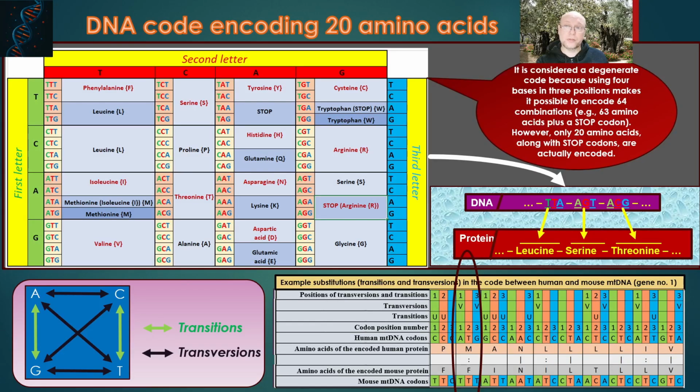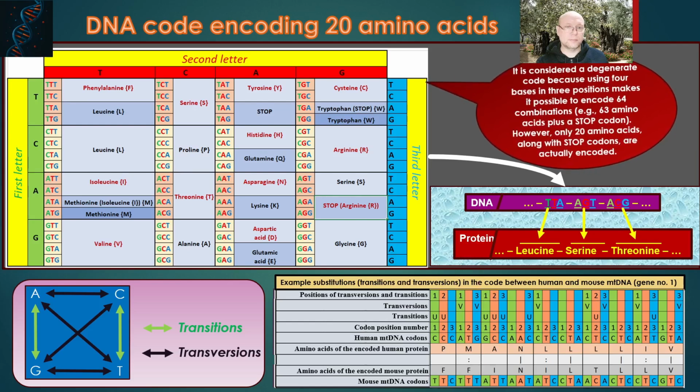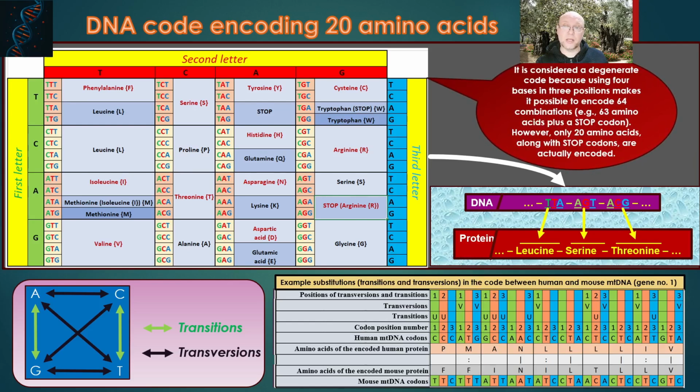It is worth mentioning that the genetic code is considered to be degenerate, meaning that it has a surplus of possibilities relative to the requirements for encoding amino acids. We have 64 possible codons at our disposal, but only 20 amino acids to encode, plus a stop codon. Thus, there are 64 minus 21, that is 43 redundant coding possibilities.